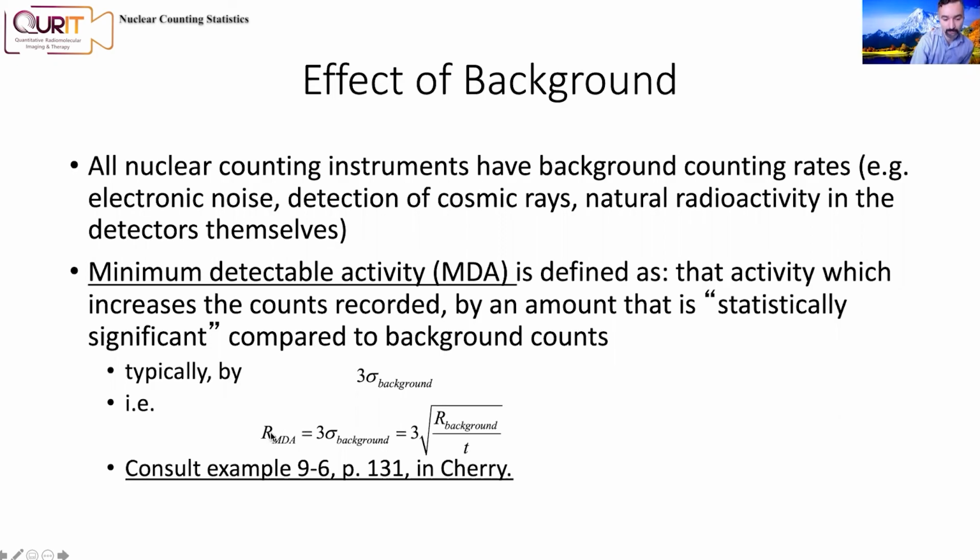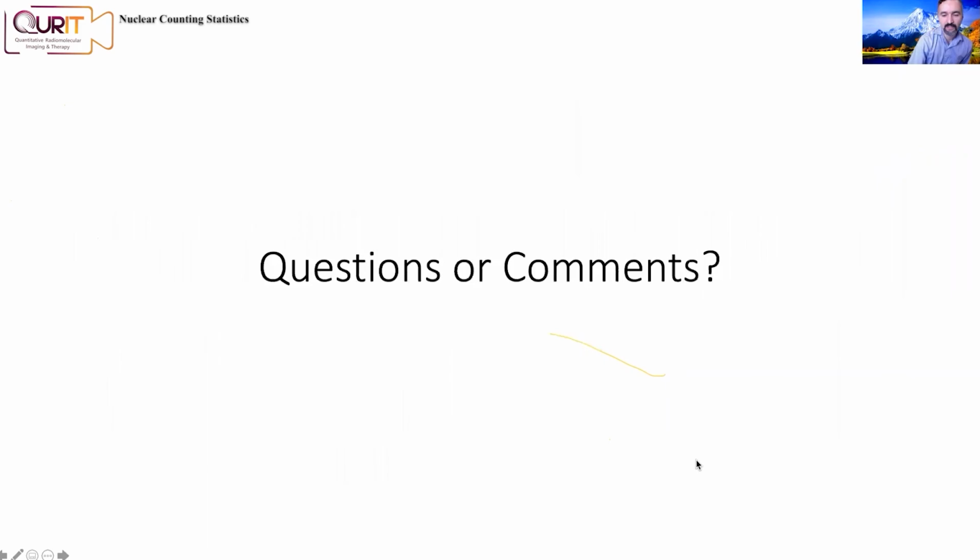So we're talking about rate, not number, but rate. That's number divided by time. If the rate is equal to 3 standard deviations of the background, that's a minimum detectable activity. So then, based on the previous page equation, you arrive at this. Okay. That's it for here.